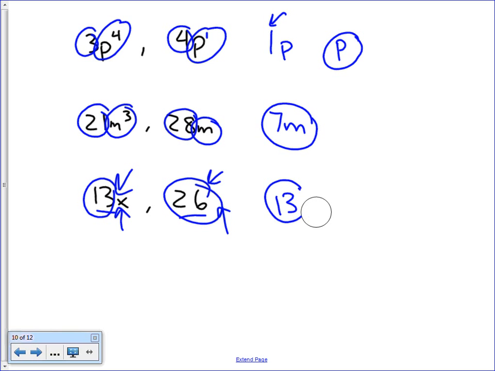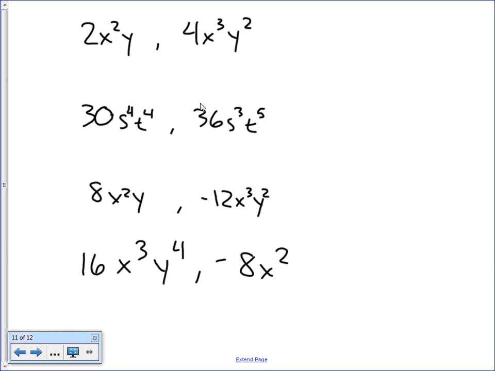So that's what we leave off there. Going back to the previous examples, it's saying 7's the biggest number that divides it, and they at least have 1m. Okay, 28m has at least 1m. And up here, only 1 can divide the numbers in front, and p is the lowest number of variables we have in each binomial.